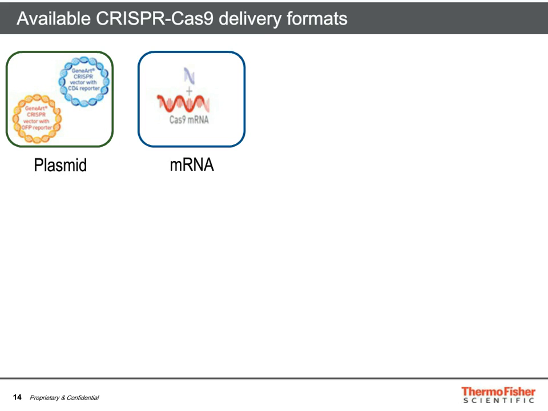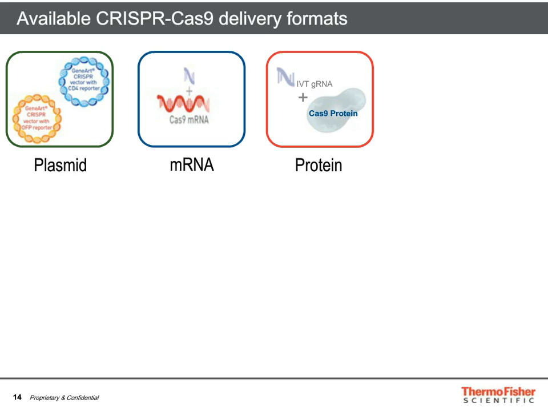And more recently, our favorite has been working with purified Cas9 protein and purified guide RNA. This allows us to pre-complex, so make this RNA protein complex outside of the cell in a test tube, and then deliver the complex into the cell using electroporation or lipid. And this has led to the most specific and the most active cleavage results that we've found.